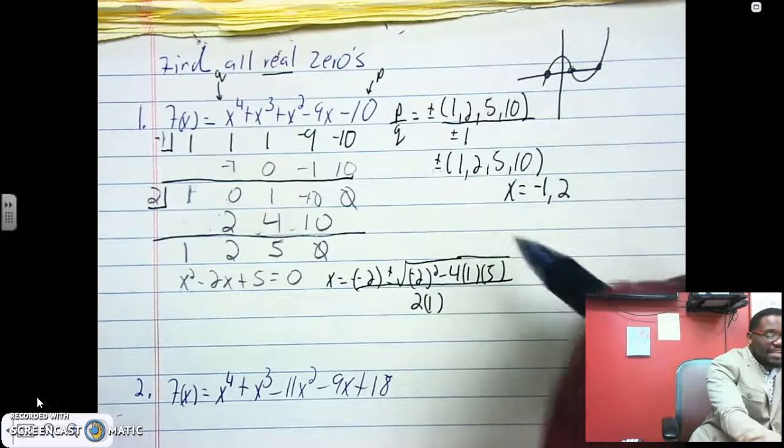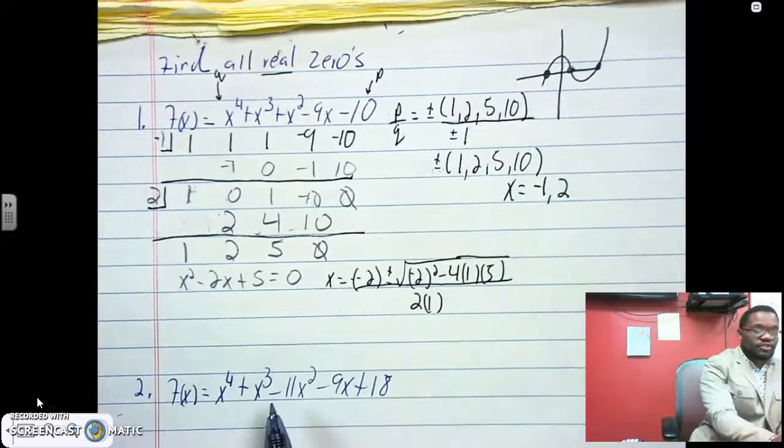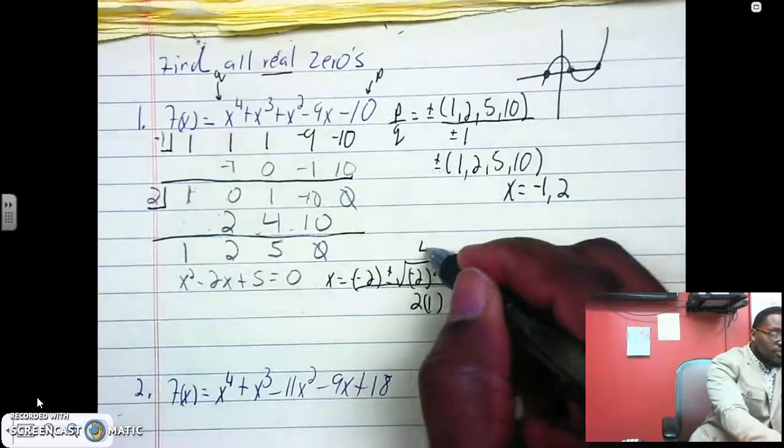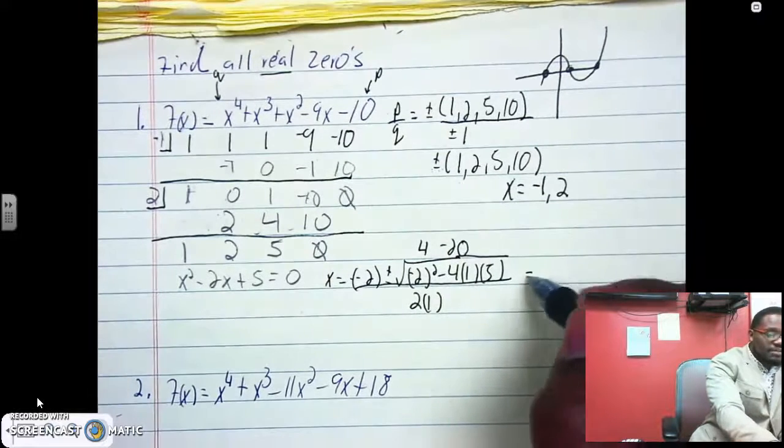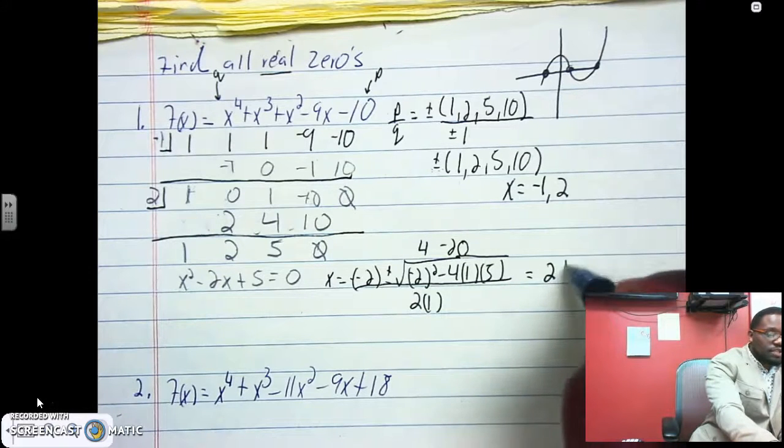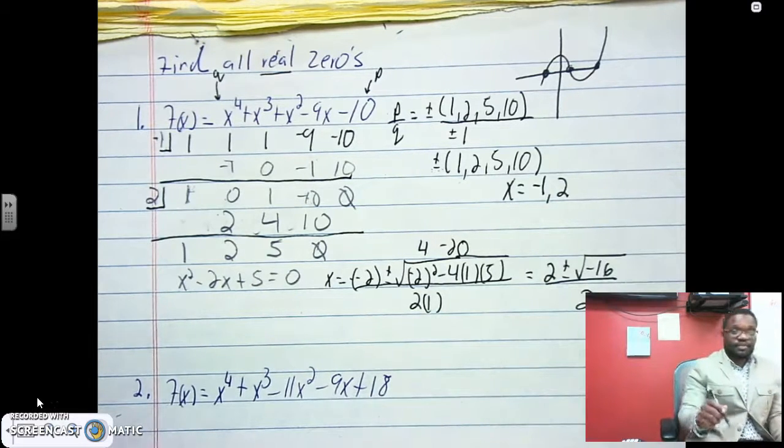What am I doing? I am trying to find out the other solutions. So this is going to be 4 minus 20. So when I simplify that, that's going to be 2 plus or minus the square root of negative 16 over 2. Now I'm going to stop right here.